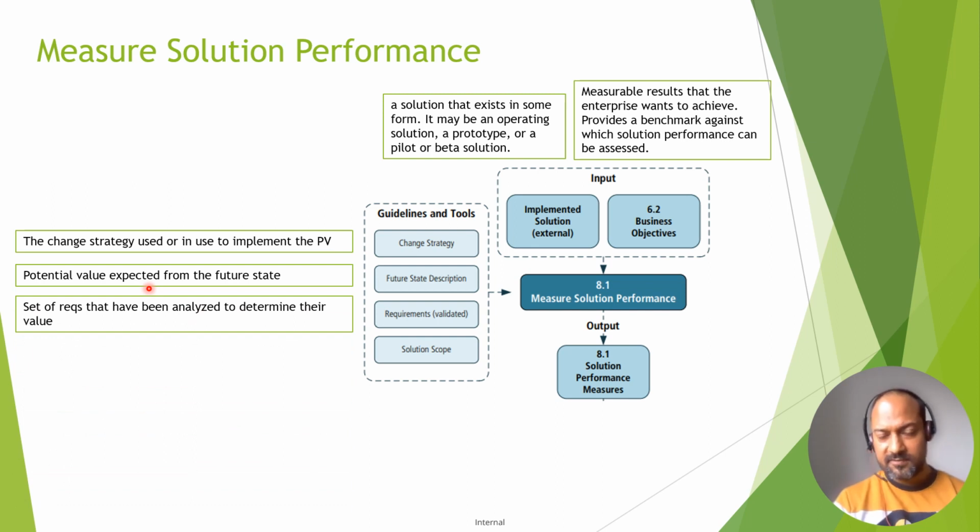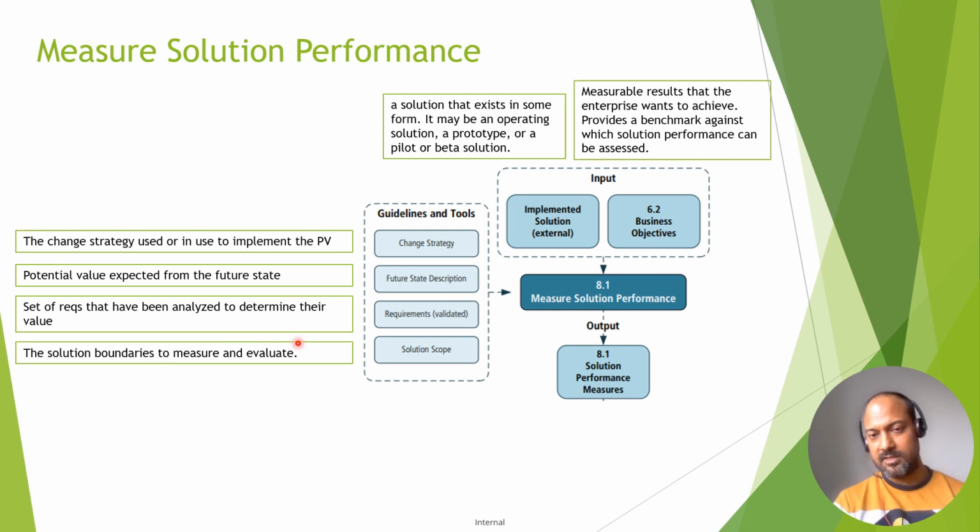Then we have requirements validated, the set of requirements and design that have been analyzed to determine their value. And requirements validation happens during RADD, the third activity of requirements analysis and design definition, that is requirements validation. And the solution scope, the solution boundaries to measure and evaluate it. Solution scope tells about the boundaries, right, to measure and evaluate.